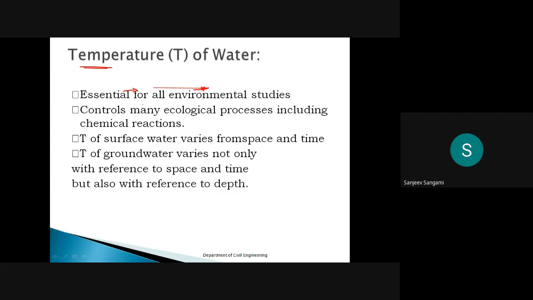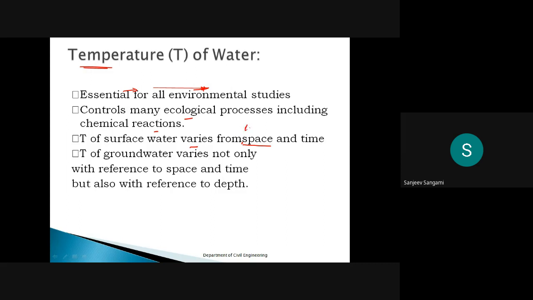These are the basic or essential properties of all environmental studies. It controls many ecological processes, including chemical reactions. The temperature of surface water varies with space and time.